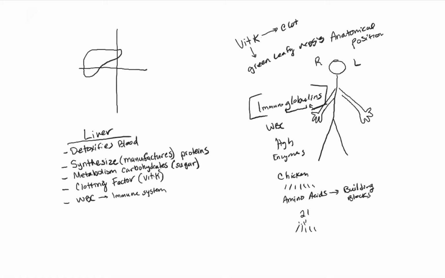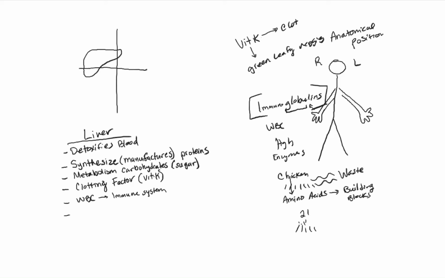I know we said it detoxifies blood, right? Let's be more specific. Let me say this again. You know how we discussed that chicken, you chew it, you break it down, and it becomes amino acids? Every time your body breaks anything down, it gives off waste.